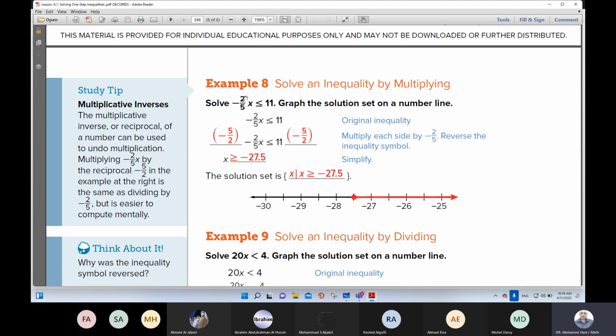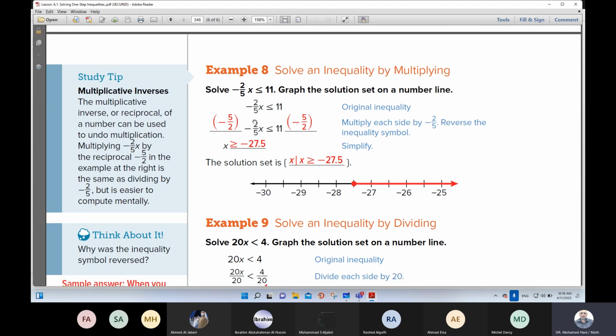Solve negative 2 over 5 x less than or equal to 11. To solve this inequality, try to remove the fraction. To remove this fraction, multiply the two sides by the reciprocal. The reciprocal of negative 2 over 5 will be negative 5 over 2.